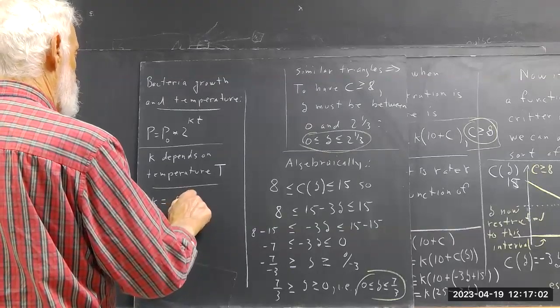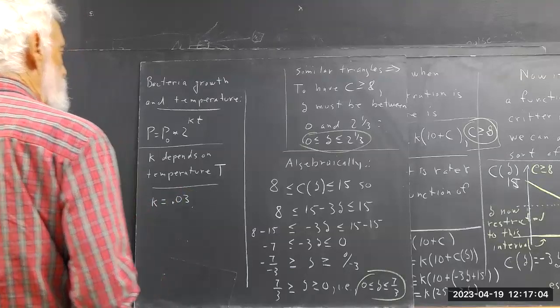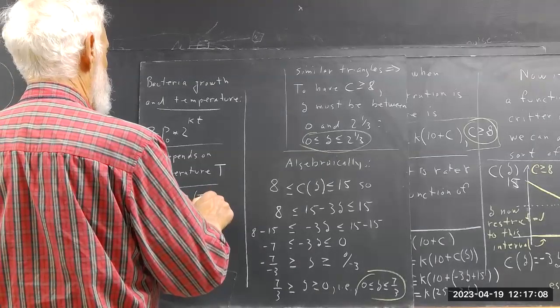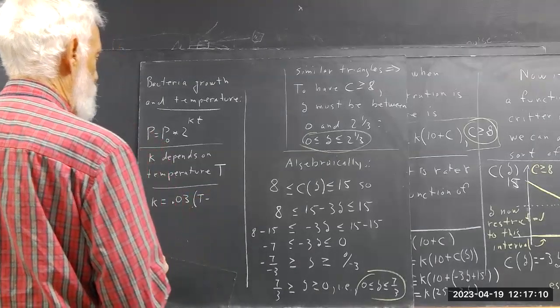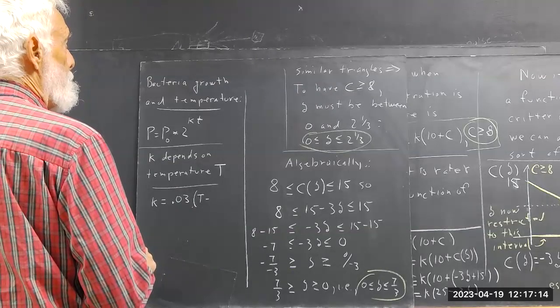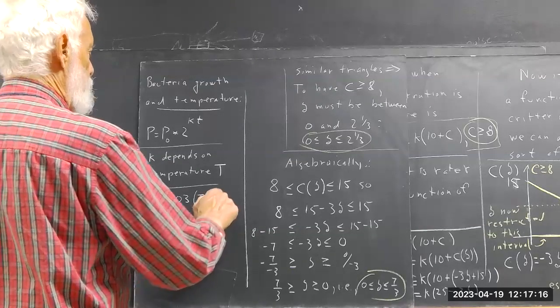Let's be specific. Let's let K be 0.003 times T minus 5.